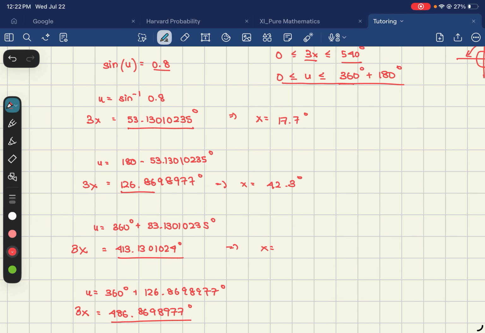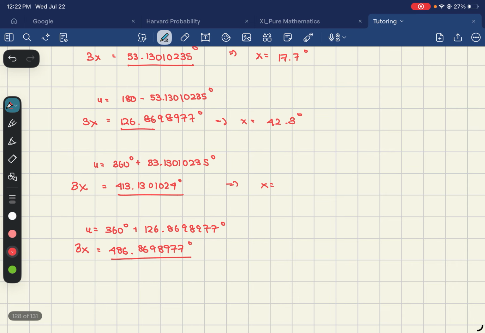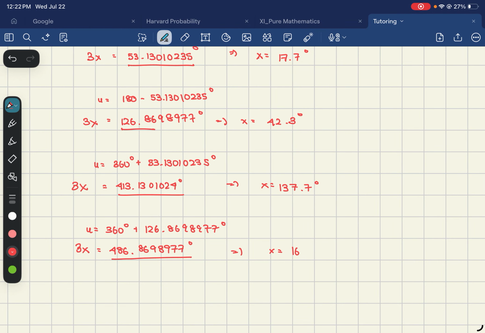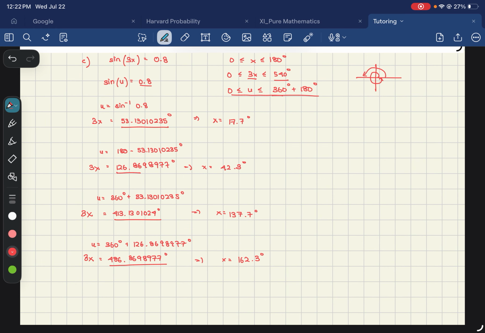From this, x is going to be 137.7 degrees. And from this, if you divide by 3, x is going to be 162.3 degrees. So these are your 4 solutions: 17.7, 42.3, 137.7, and 162.3 degrees.